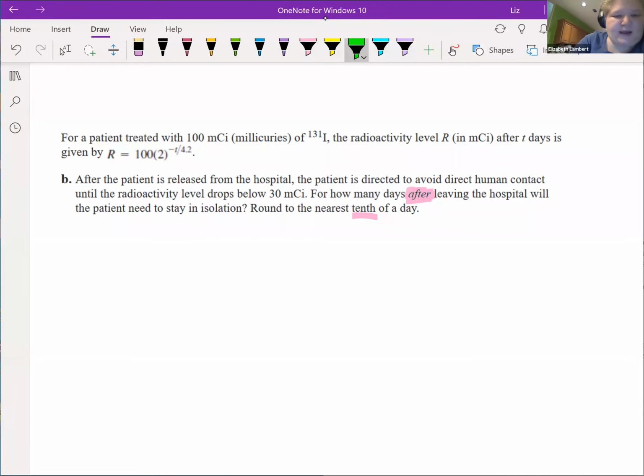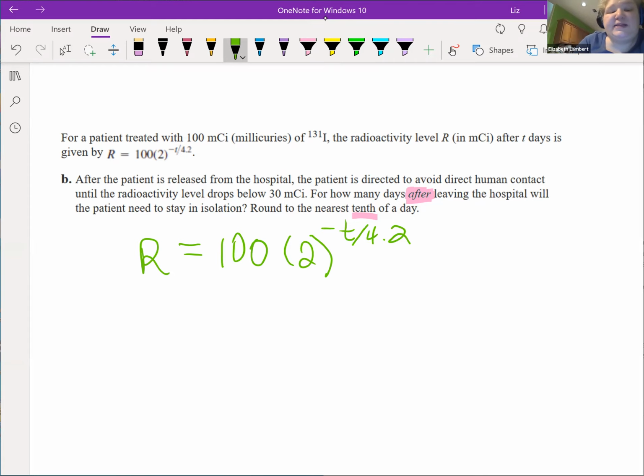So we have R equals 100 times 2 to the negative t over 4.2. And we want it to get below 30 millicuries.